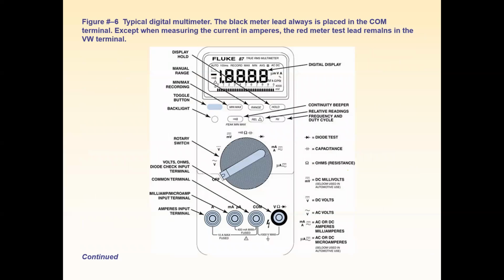Now this is a typical diagram of a multimeter. This multimeter manufacturer is Fluke. Fluke is a very reputed organization that produces accurate multimeters. Here you can see there is a digital display.